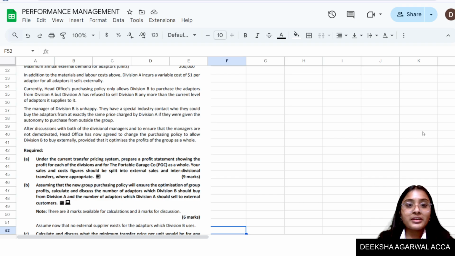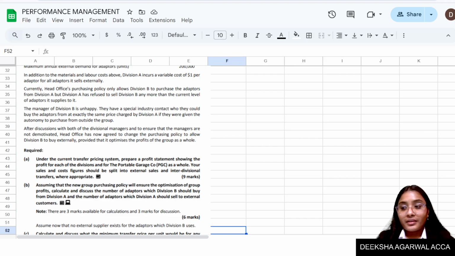They have a special industry contract from which they could buy the adapters at exactly the same price charged by Division A if they were given the autonomy to purchase from outside the group. They are not given this autonomy yet. Now, after discussion with both of the divisional managers, and to ensure that the managers are not demotivated, head office has now agreed to change the purchasing policy to allow division B to buy externally, provided that it optimizes the profit of the group as a whole.